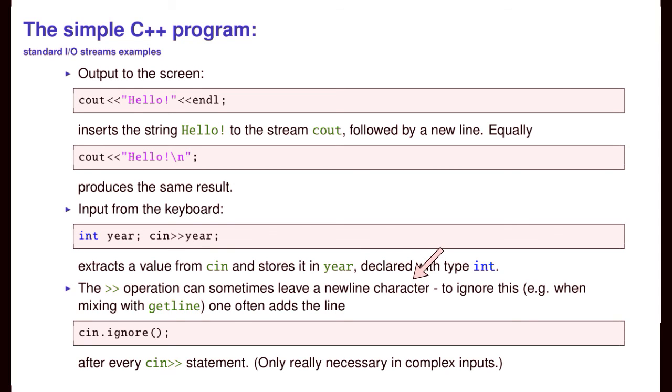Now it's not that important, but there are many examples where you see in C++ code a statement like cin.ignore, and later on we may well need it. It's not necessary for what we're doing over here, but it's sometimes important if there's something left in the input because something went wrong with reading the input, as we'll see in a minute. So overkill is to do it every single line, but you can be smart and occasionally do it. I'll show you an example in a minute where it actually must be done.